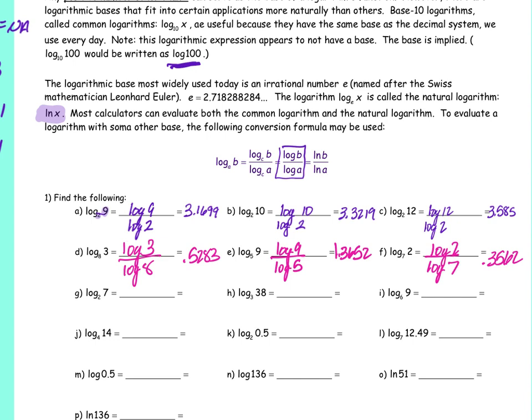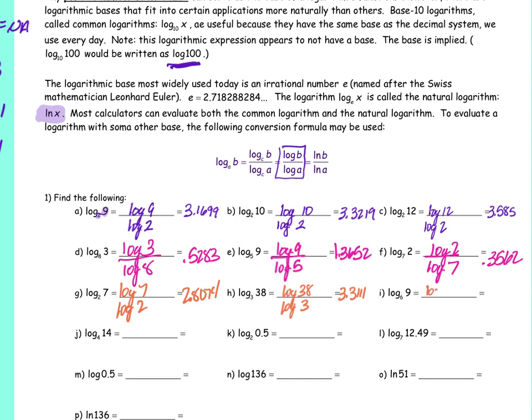0.3562. And then for G, we should have log of 7 divided by log of 2, which is 2.8074. Sorry, there should be a point there that you could actually see. And then this one will be log of 38 divided by log of 3, which is 3.3111.